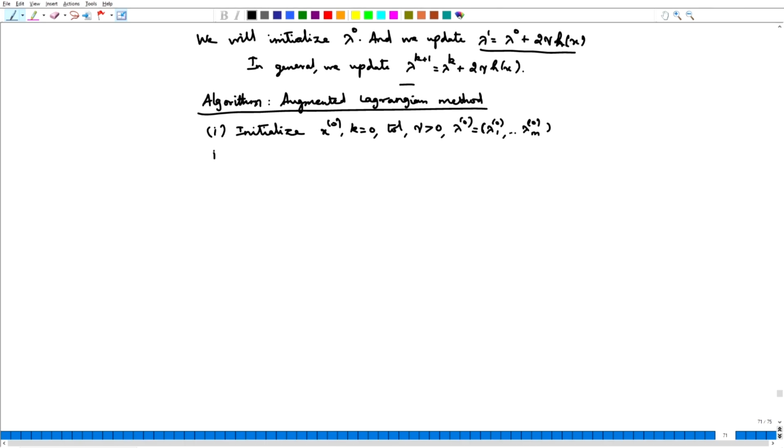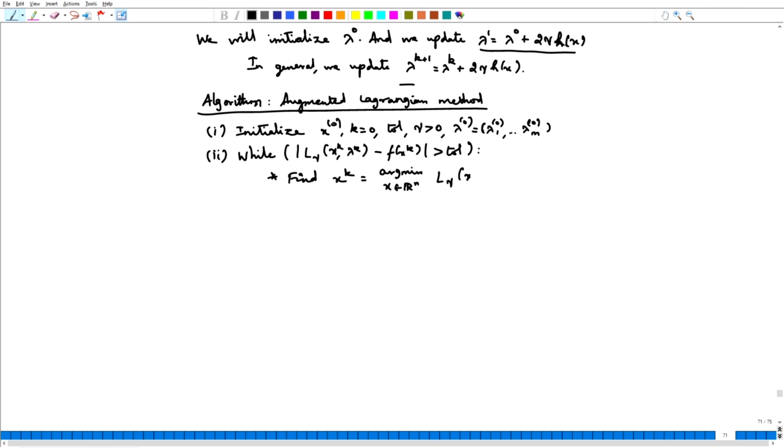Now you have a condition: while L gamma of x k, lambda k minus f of x k is greater than the tolerance, you find x k, which is the argmin over x in R^n of L gamma of x, lambda k.